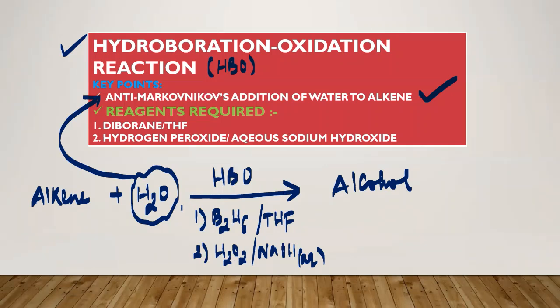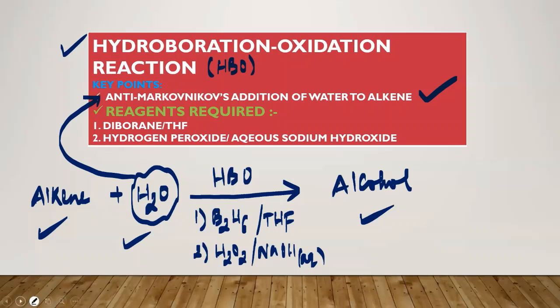But in both the steps, you are basically adding water to an alkene, and finally you are getting an alcohol. You need to remember only one thing here: in hydroboration oxidation reaction we are adding water to an alkene and getting alcohol, but the addition of water will happen in terms of anti-Markovnikov's rule. That is the only thing.